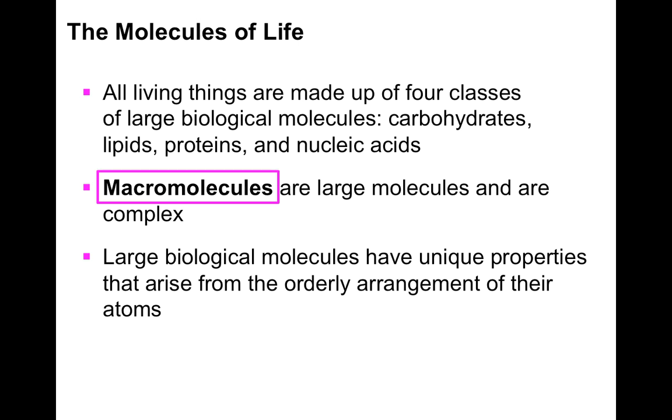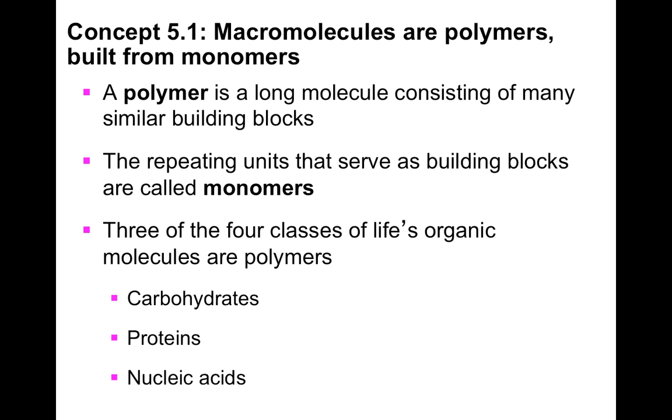So this should be a nice review for you, with a little bit more detail built in, because this is AP after all. One of the recurring themes of this class is that structure is related to function. You'll see as we explore these biological molecules, how they're built will give them certain properties, and that will determine their different functions.